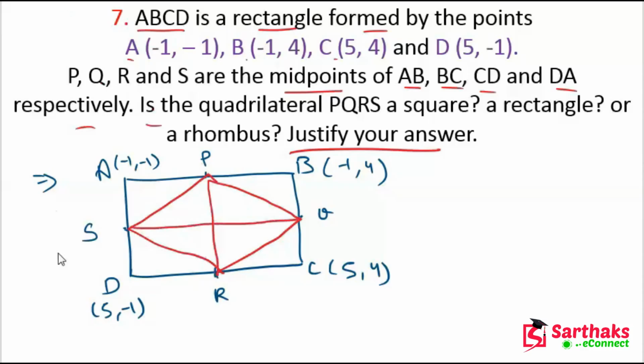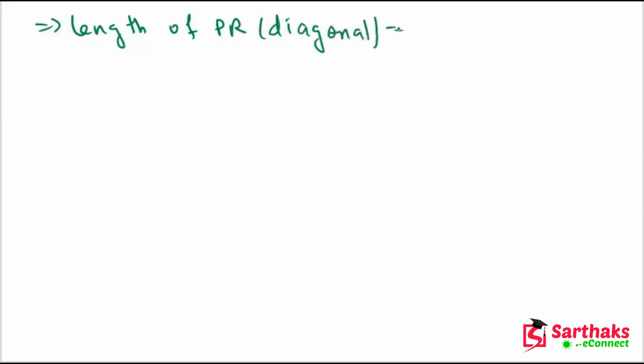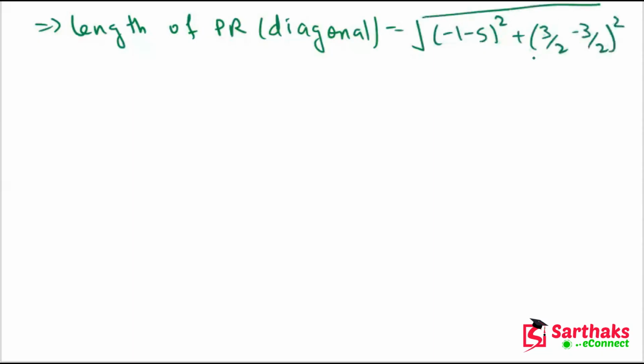The length of PR, which is a diagonal, is equal to under root minus 1 minus 5 whole square plus 3 upon 2 minus 3 upon 2 whole square.